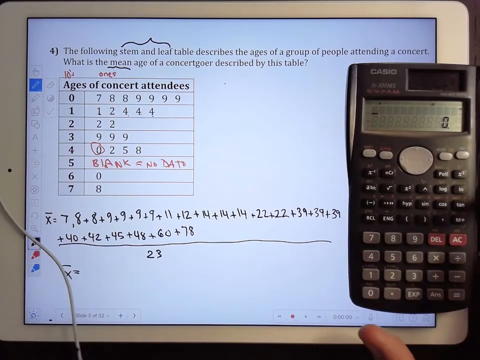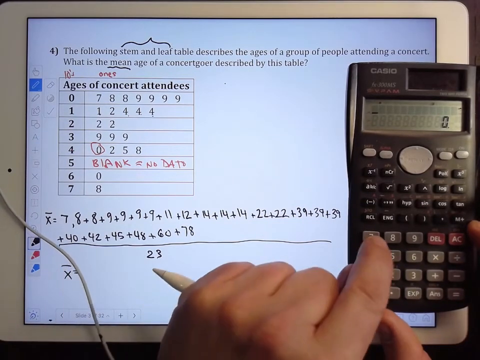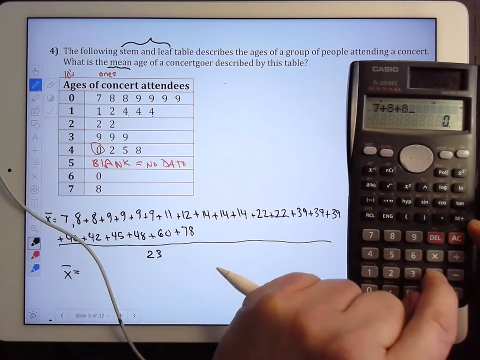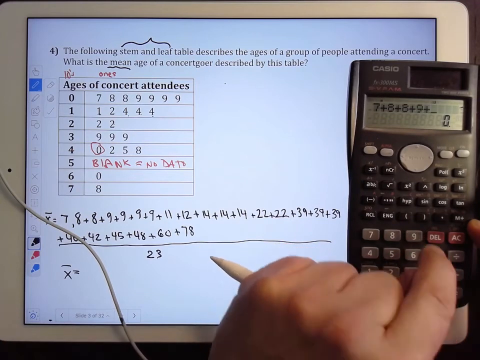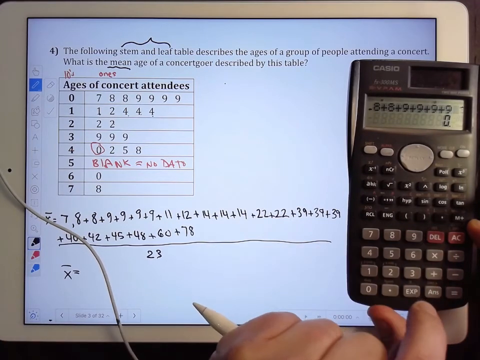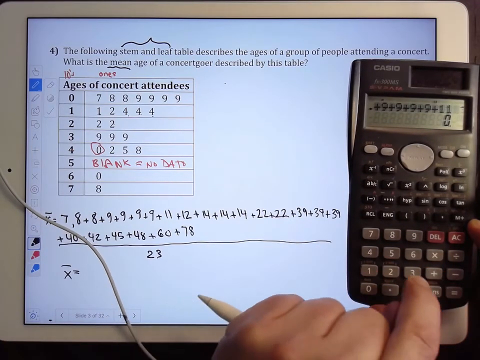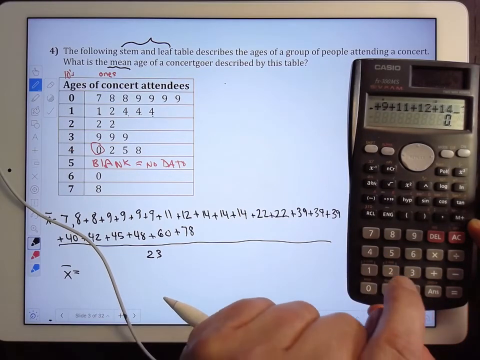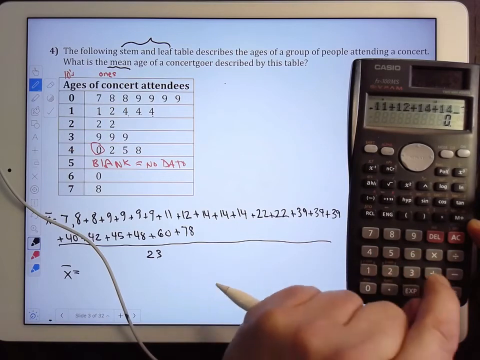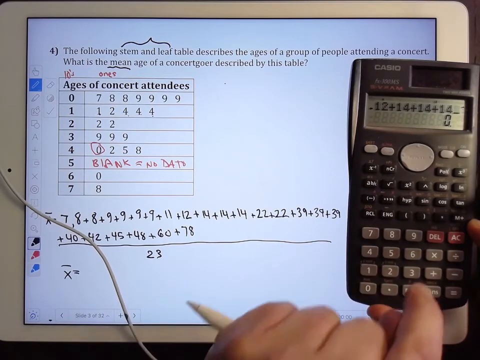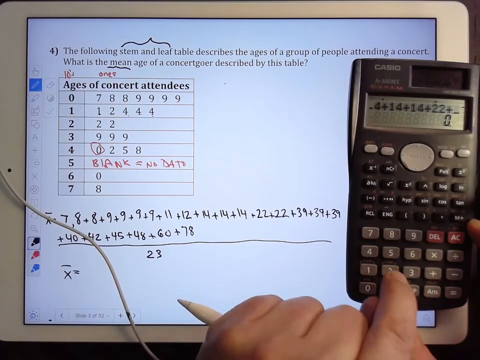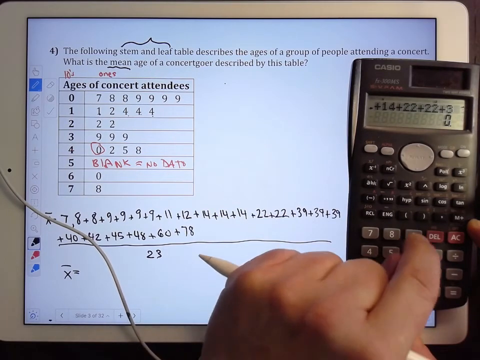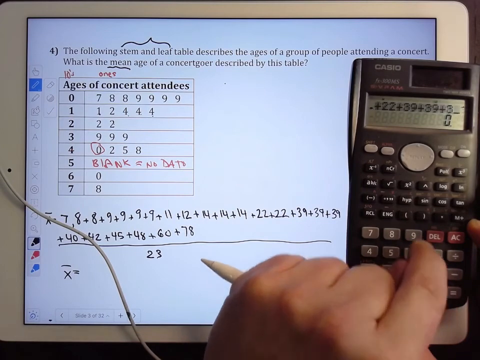Really quickly now, so I'm going to go to the calculator. Bear with me for a moment as I begin to add. 7 plus 8 plus 8. 4 nines plus 11 plus 12 plus 14 plus 14 plus 14 more plus 22 plus 22 plus 39 plus 39 plus 39 more.